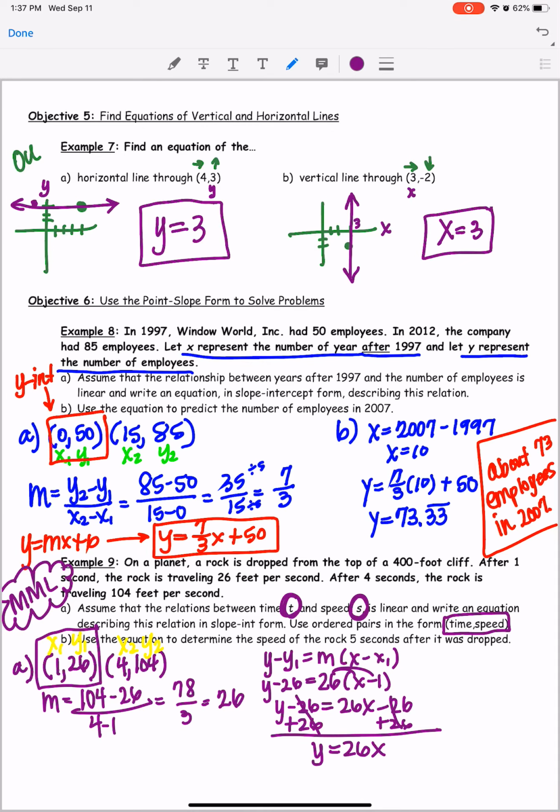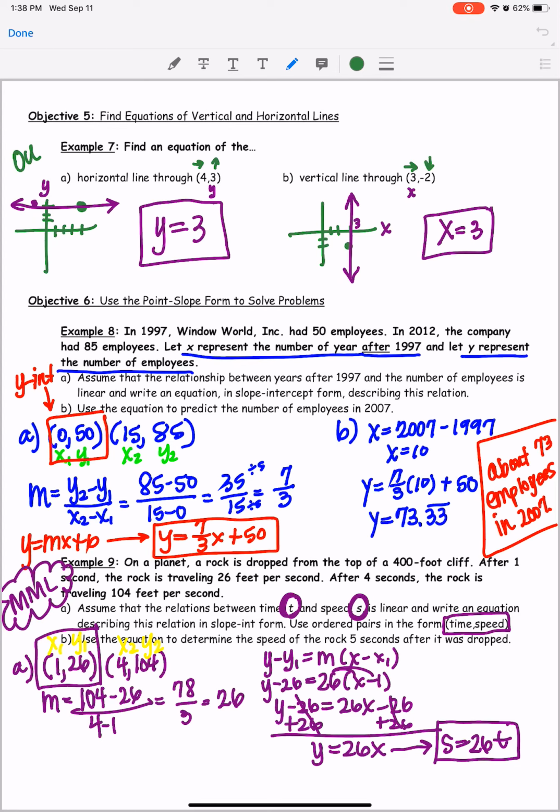So instead of typing this in, your y is speed, so you have s equals, then your time is x, so 26t. This is what you're typing in MyMathLab. So it's just a variable change.